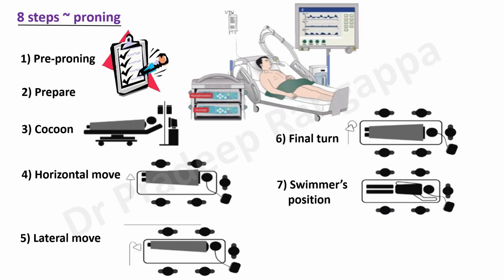The sixth one is the swimmer's position, where you put one hand in the front and one in the back. This is what is recommended as the swimmer's position. After one is done with all this positioning, you need to look into the final checklist post proning. In the checklist, you need to see whether all the infusions are connected back, if the patient is on some sort of sedation, relaxant, vasopressor, and so on.